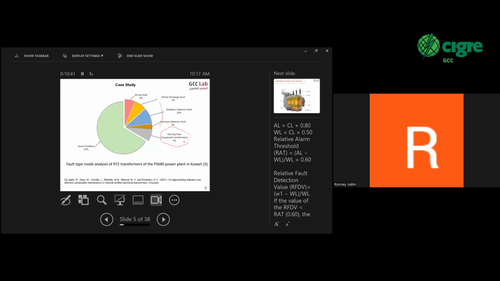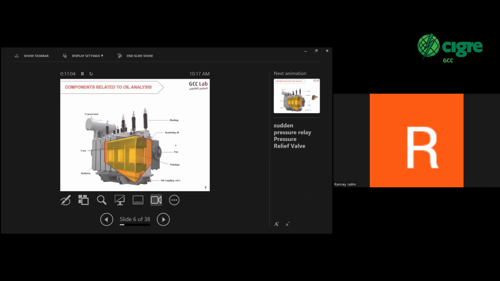And of course, in that time we reserved around 70%, around 50, 60 transformers. I think we gave them the corrective action to avoid that.